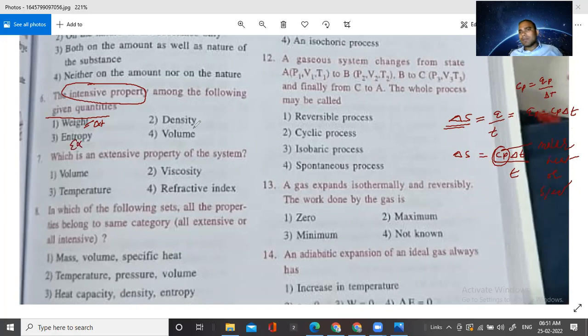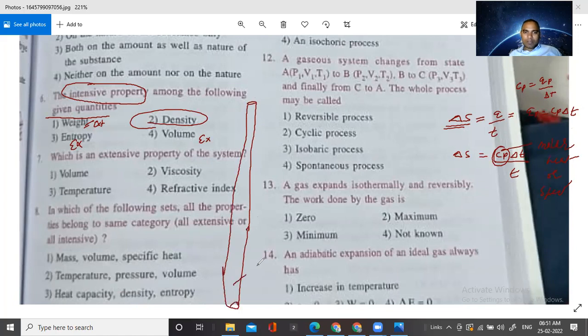Volume: the greater the mass, the greater the volume. Suppose I have two books, one very large in size, so mass is large, so it is extensive. So which can be the answer? The answer will be density. Suppose I have a metal rod of this size, this is iron, Fe.